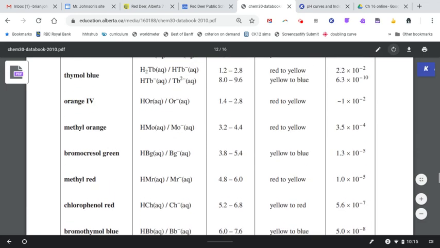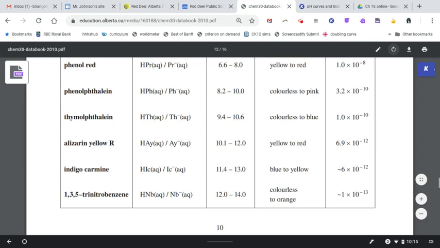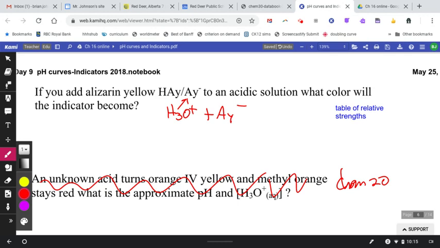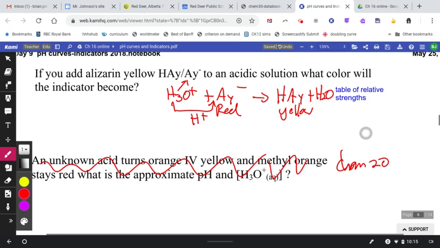Did I miss it? Oh, it's way down there. Okay, alizarin yellow switches yellow, acidic, red, basic. So it switches to its yellow acidic form as it becomes acidic or gains the proton from hydronium.